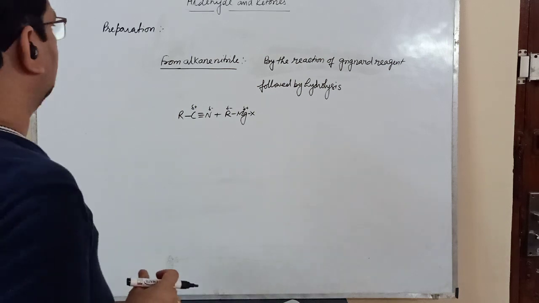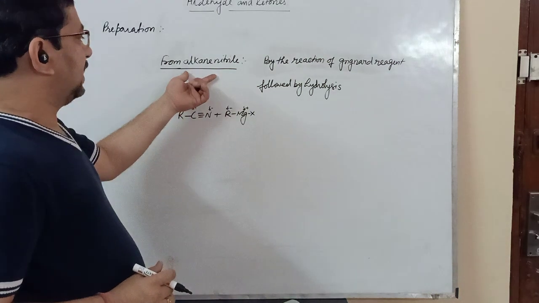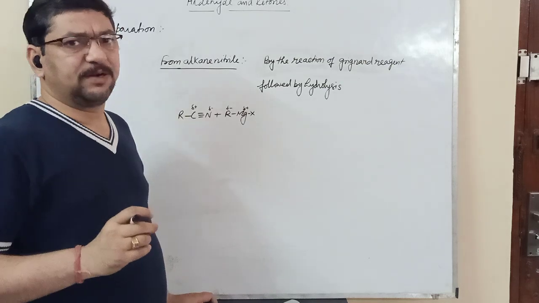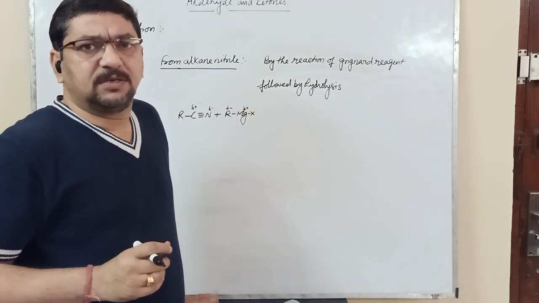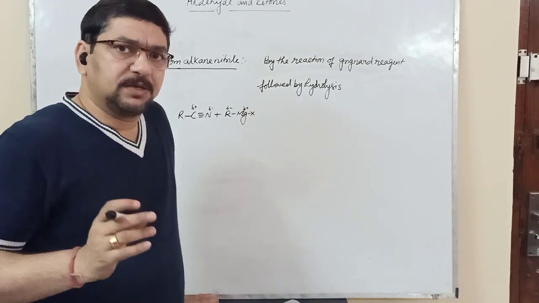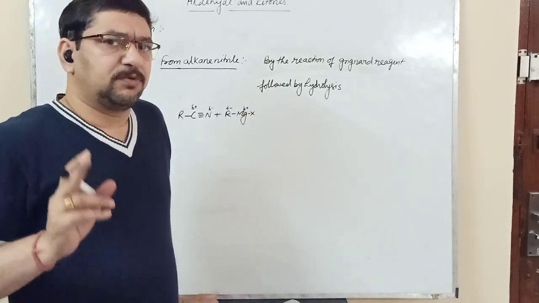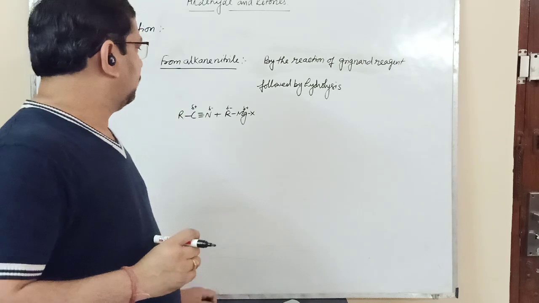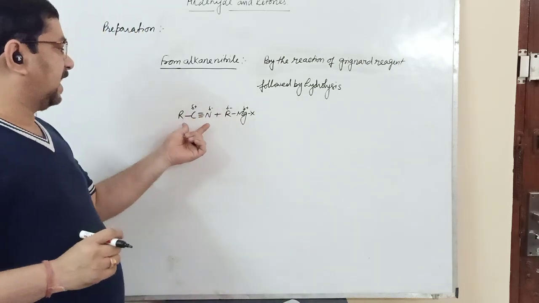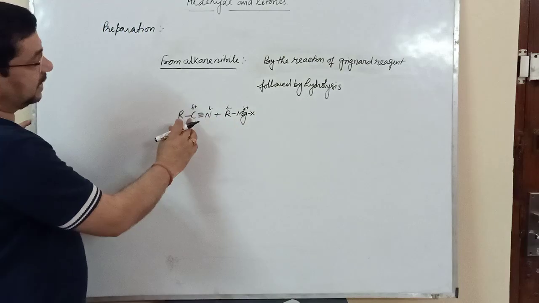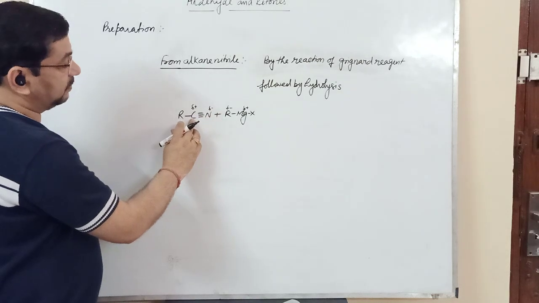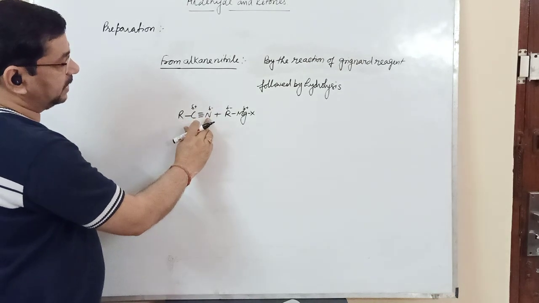Next method, to prepare the ketone from alkyl nitrile. As in the case of aldehyde, we prepare the aldehyde from alkyl nitrile by using Stephen's reduction reaction as well as by using DIBAL-H. But for the preparation of ketone, we use Grignard reagent with alkyl nitrile. In alkyl nitrile, the C≡N bond is polar in nature, carbon has positive and nitrogen negative charge.